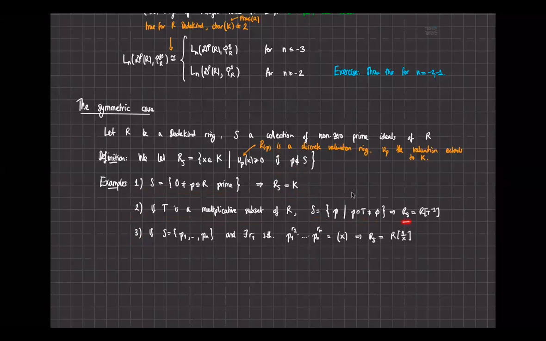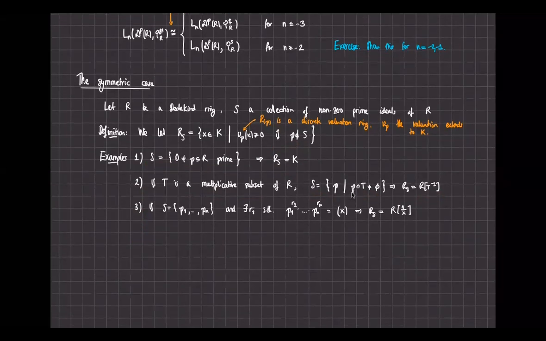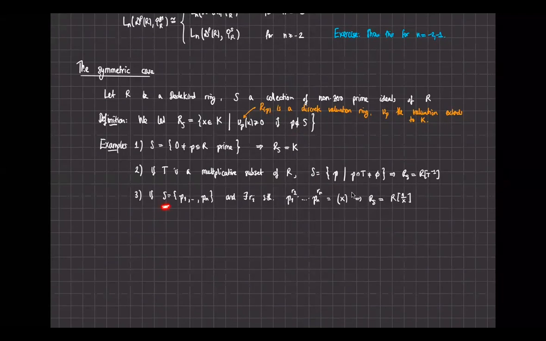And then this localization, this R sub S, is just given by inverting our set of elements T. And as a special case of that, for instance, if you let S be the collection of some primes p1 up to pn, say, and you assume that there exists numbers ri such that this product of prime ideals turns out to be principal, then this ring R_S is just given by inverting that particular element x.